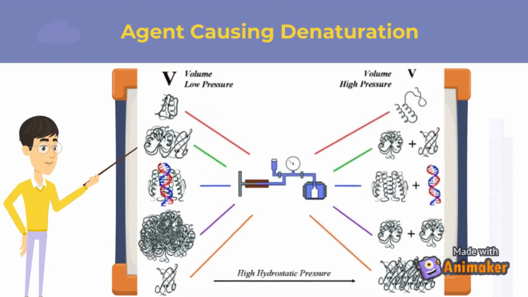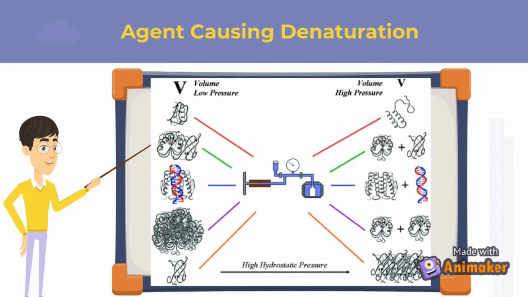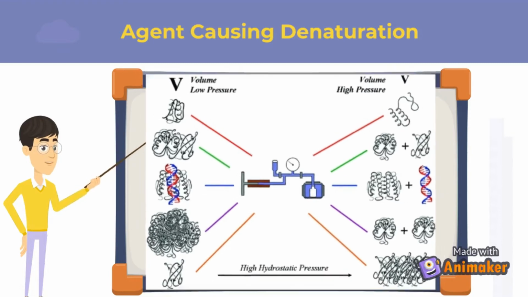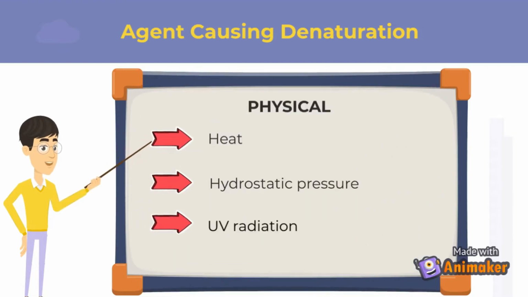Proteins undergo dissociation and unfolding by pressure, mostly because the final states are more hydrated, with fewer non-hydrated cavities, and occupy smaller volumes. The last one is UV radiation. UV radiation supplies kinetic energy to protein molecules, causing their atoms to vibrate rapidly and disrupting the hydrogen bonding and the dispersion forces of protein molecules.